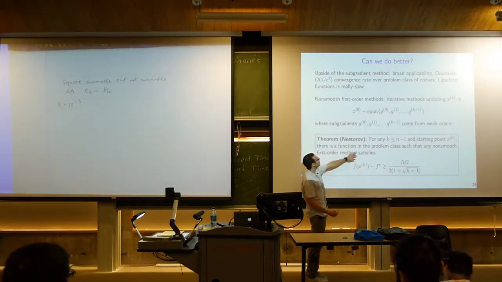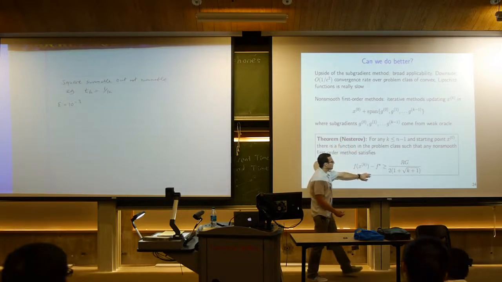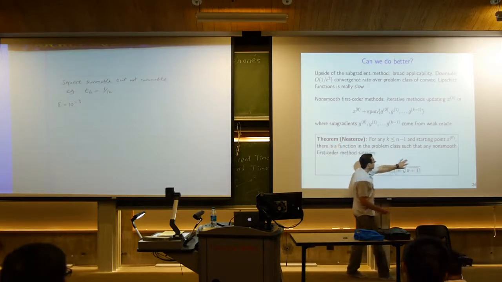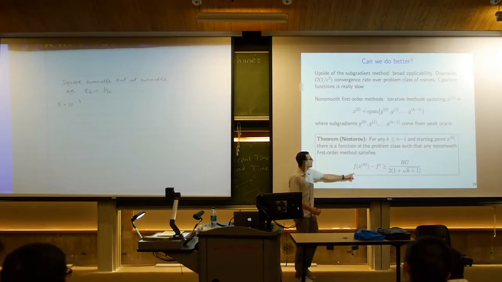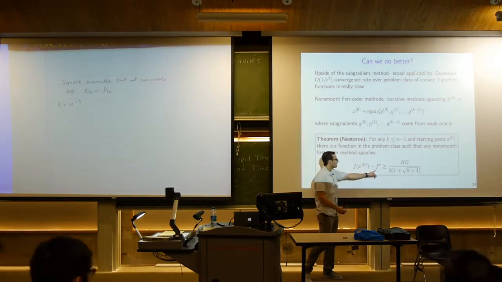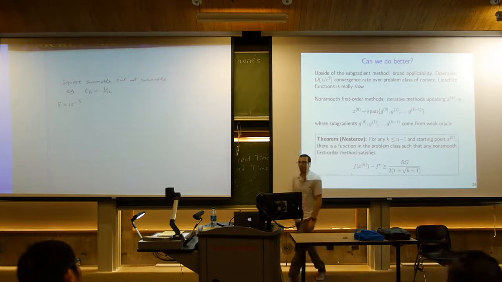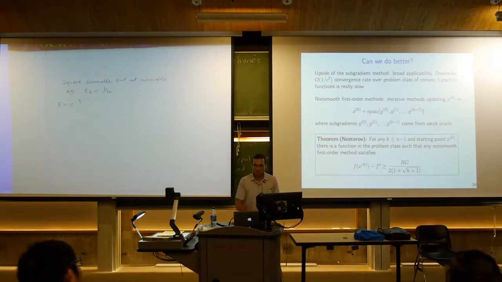If you restrict yourself to a non-smooth first-order method, then in the worst case, over this problem class of convex Lipschitz functions, you can lower bound the suboptimality gap between the point xk and x star by something like 1 over the square root of k. And in terms of epsilon notation, this tells us that the 1 over epsilon squared convergence rate is optimal.